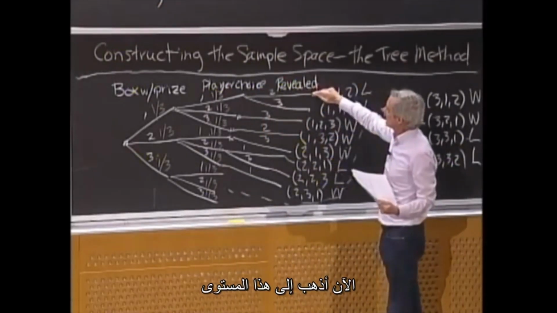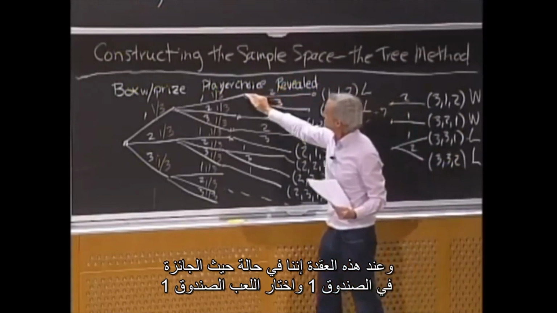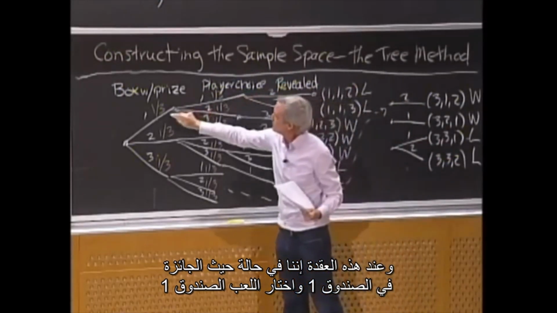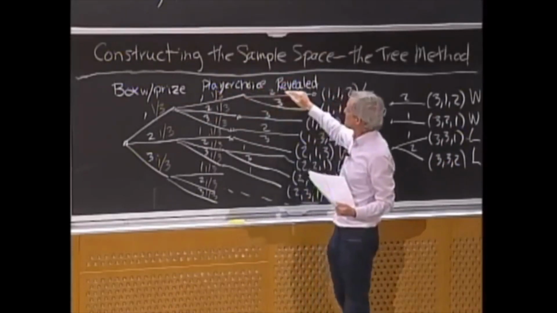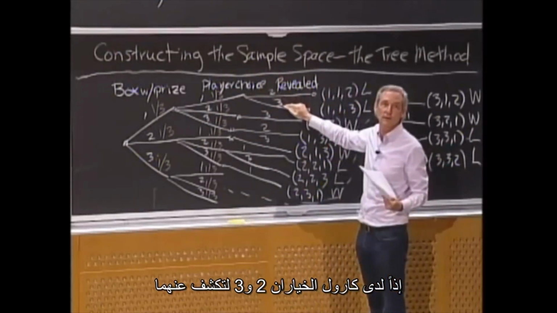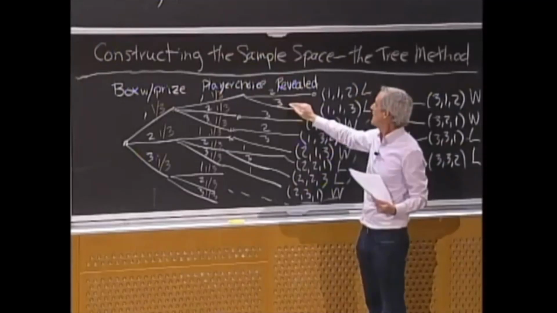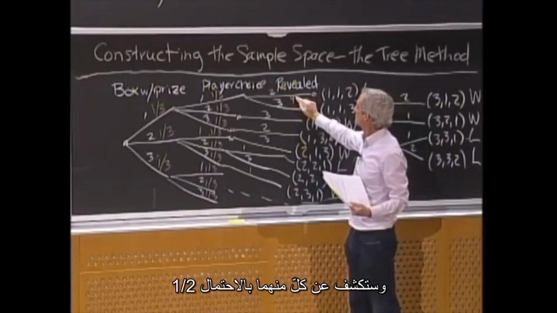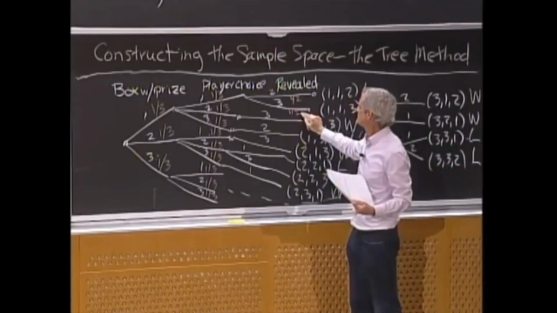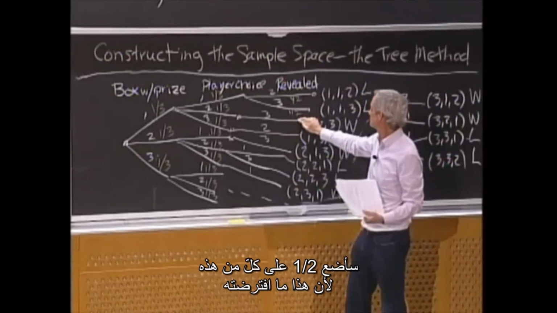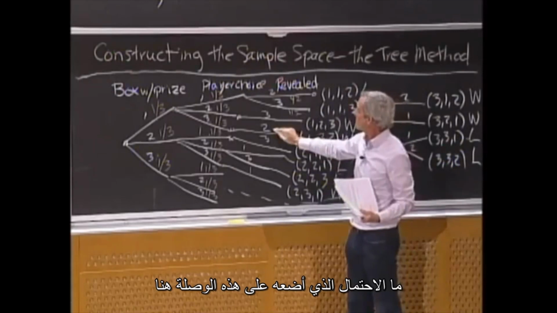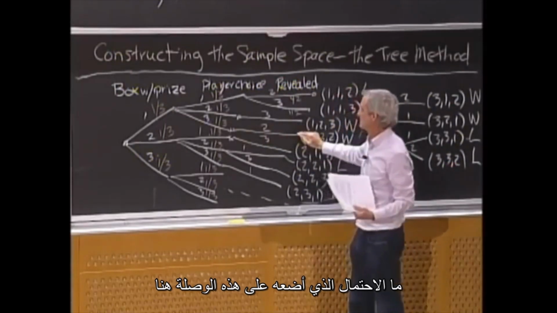Now I go to this level, and at this node, I'm in the state where the prize is in box 1, the player selected box 1, so Carol has a choice of 2 or 3 to reveal, and she's going to reveal each one with probability 1/2. So I label 1/2 on each of these, because that's what we've assumed. What probability do I put on this edge here?